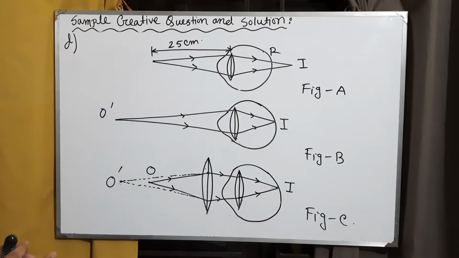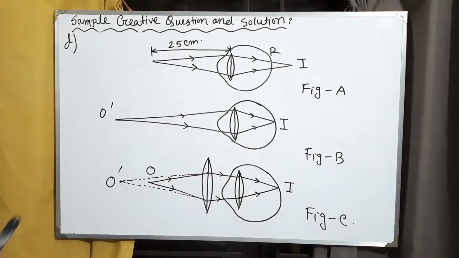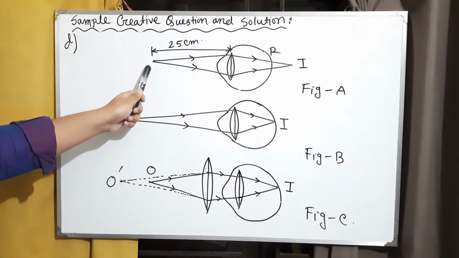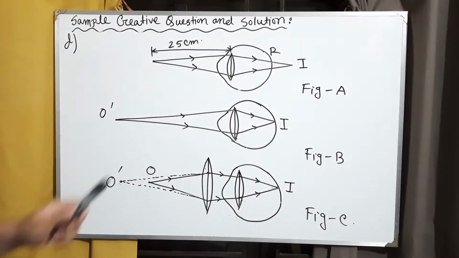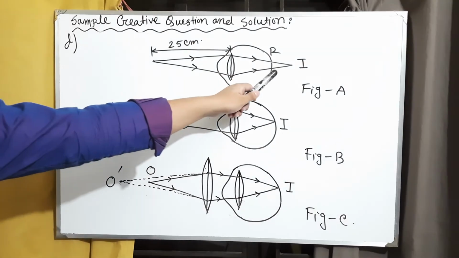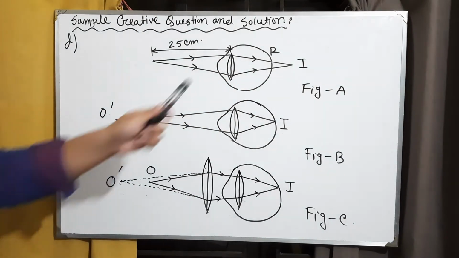So boys, in figure A, you see on the board, the light ray is coming from the near point, and after refraction they meet at point I, which is behind the retina.